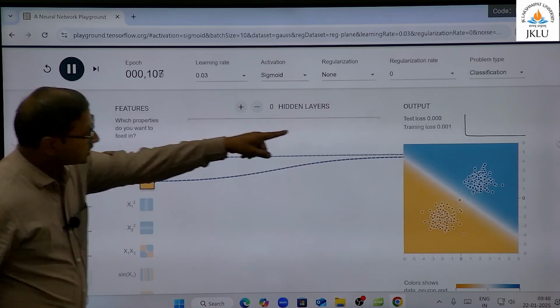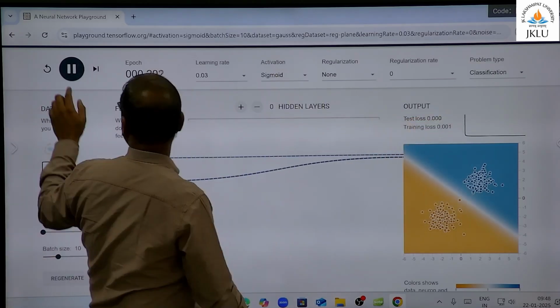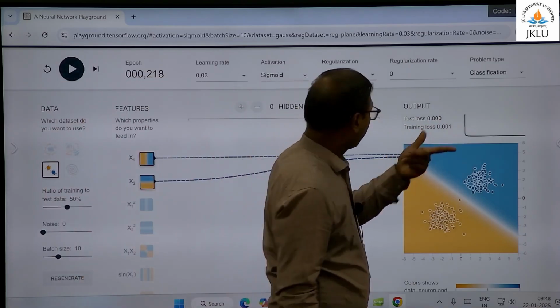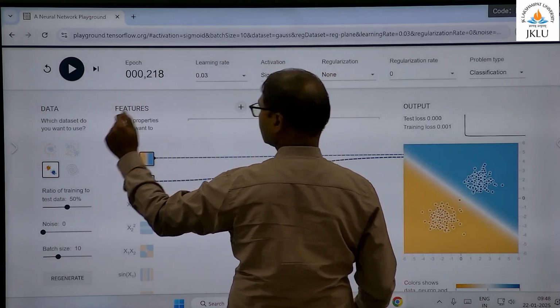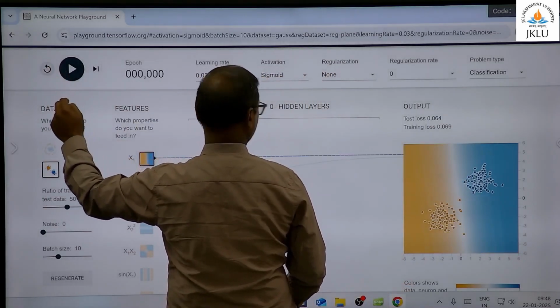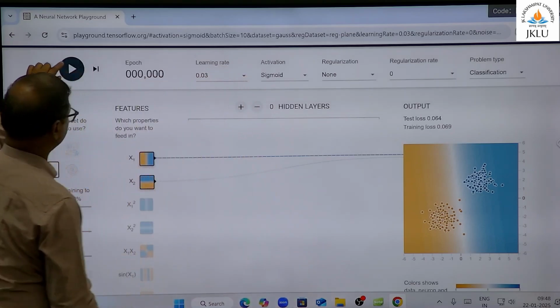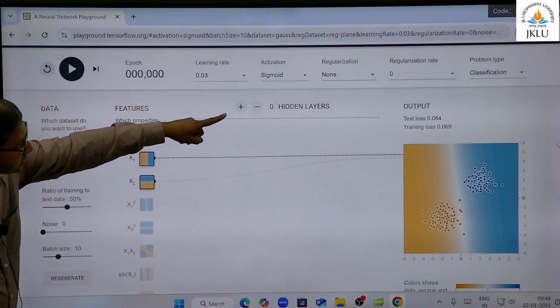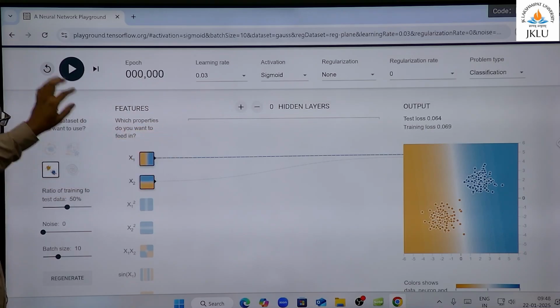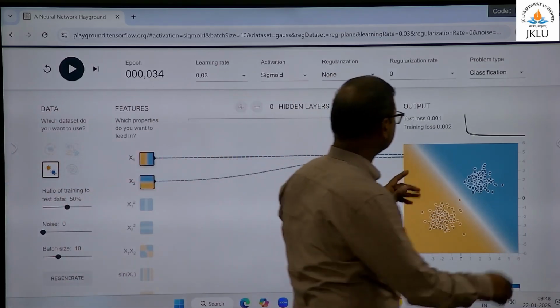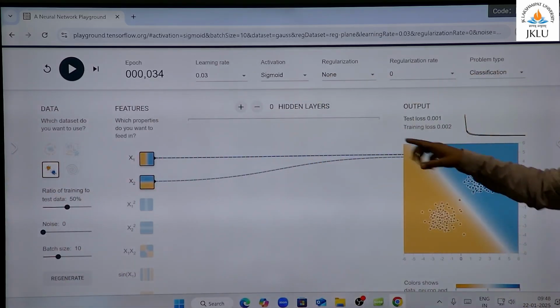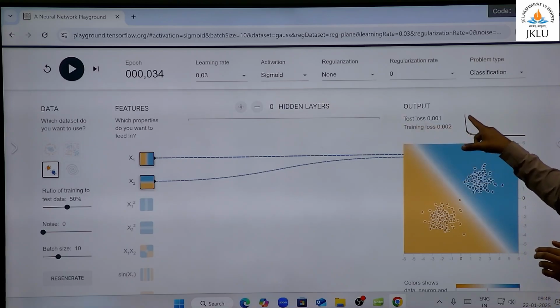All right. So you see, this is the most important curve as we talked about, right? Okay, I am redoing this. So look at the test loss, look at the training loss, and you see in less than 35 epochs the graph looks like this.